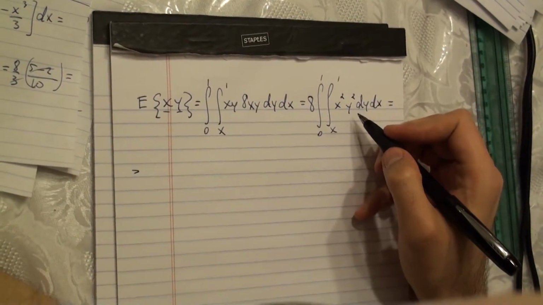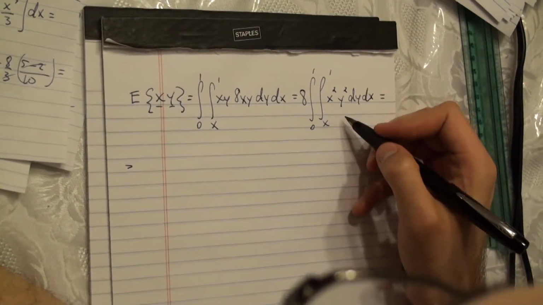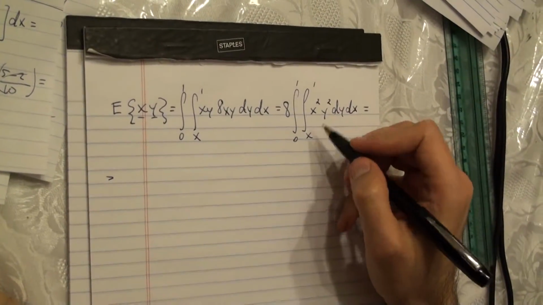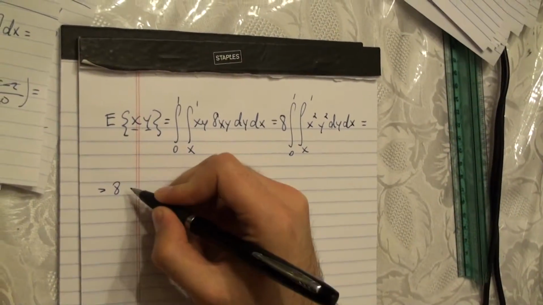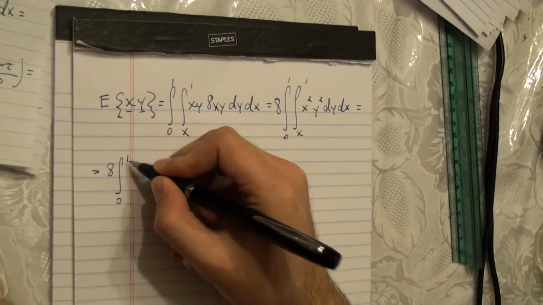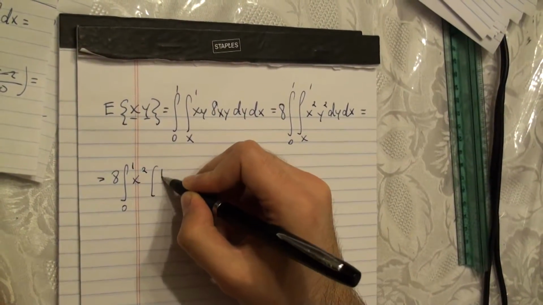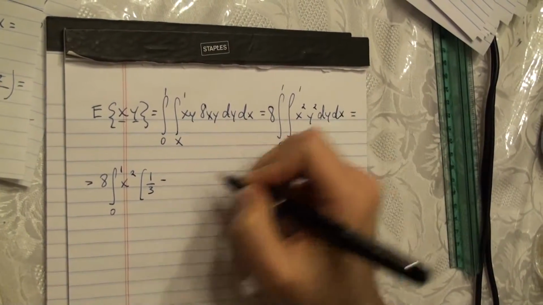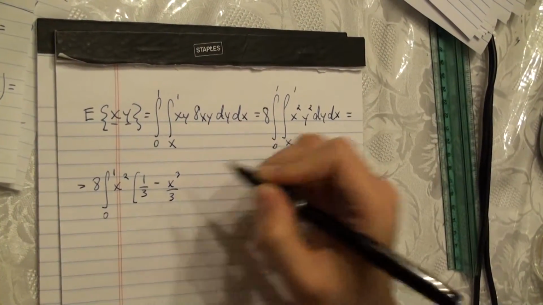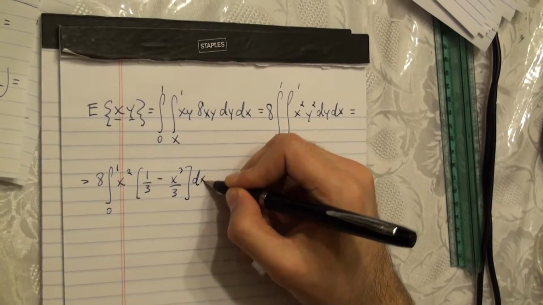So the integral with respect to y is going to be y cubed over 3, evaluated from x to 1. So we have 8 x squared. We're going to have 1 over 3 minus x cubed over 3 dx.